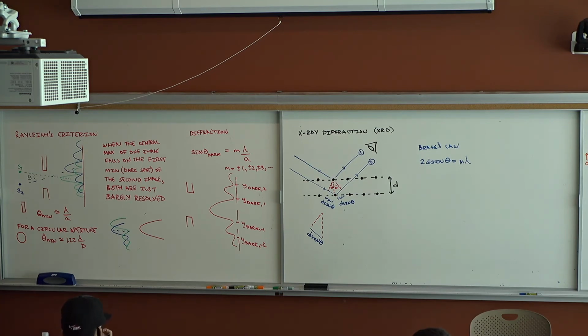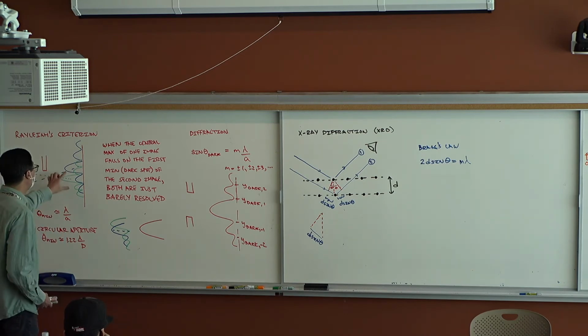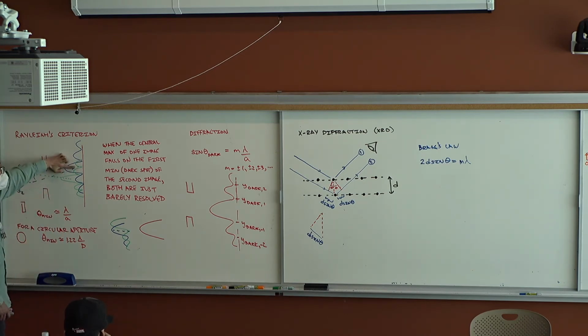Wait, theta min, you're talking about the angle between the two sources? Yep. I don't know why it would be lambda over A. Because that's effectively how much you're shifting one of the central peaks from the other.